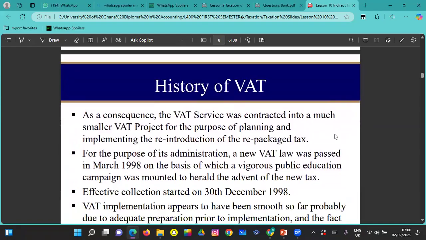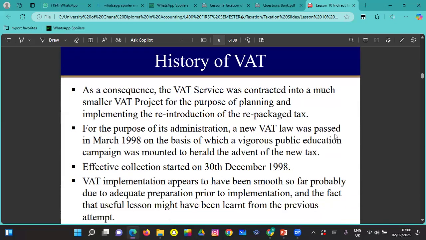As a consequence, the VAT service was contracted into a much smaller VAT project for the purpose of planning and implementing the reintroduction of the repackaged tax.